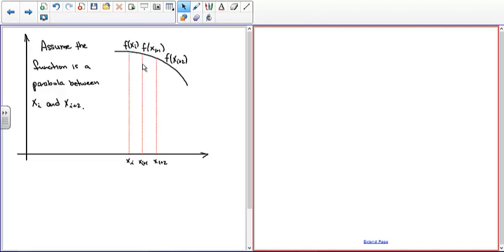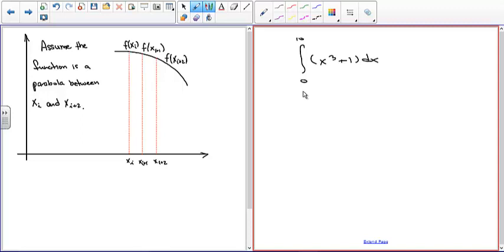So what I'm looking at here is what is the integral from 0 to 10 of x cubed plus 1 times dx. So I would add 1 to the exponent, divide by the new exponent. The integral of 1 dx is just x. And I'm going to evaluate that between 0 and 10.